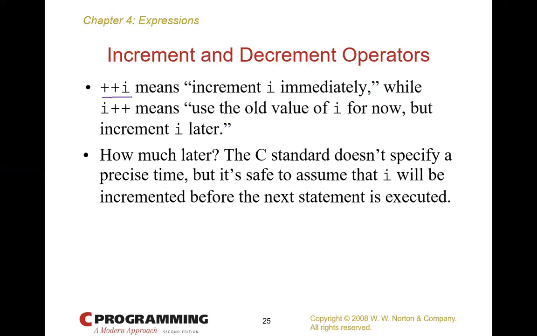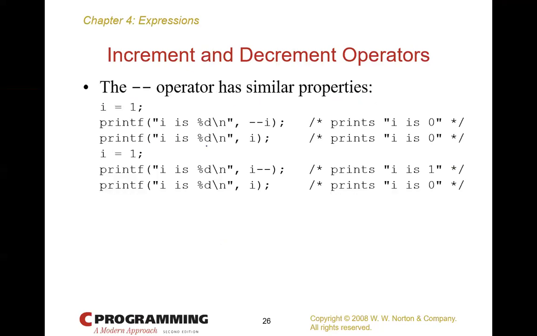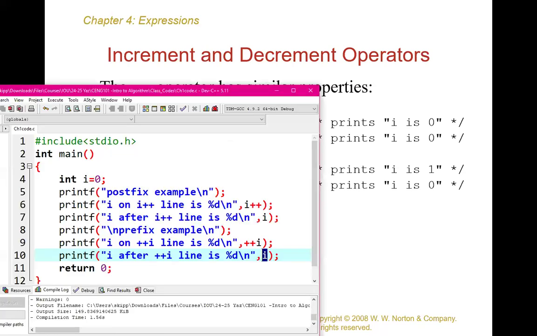++i, which is prefix, means increment immediately. i++, which is postfix, means use the old value now and then increment i later. Okay, we have done the increment operator. We can move to the decrement operator now, but it's about the same thing. It's just the same idea.